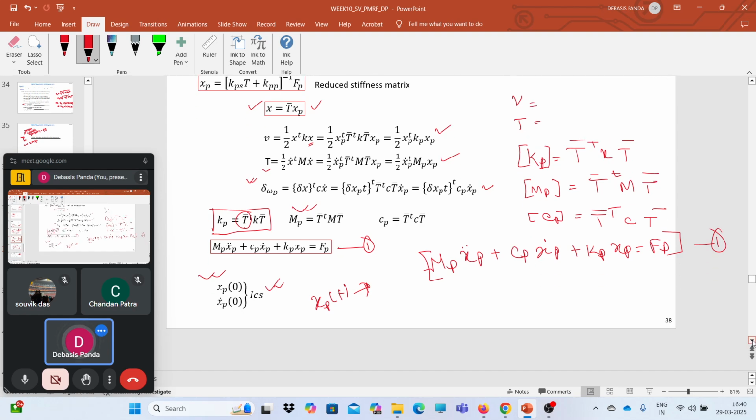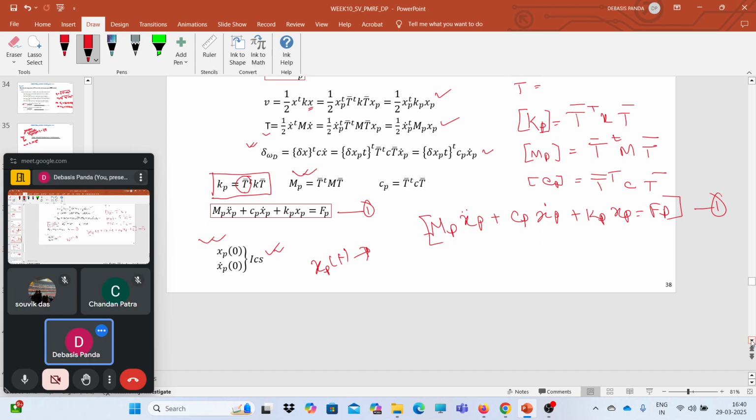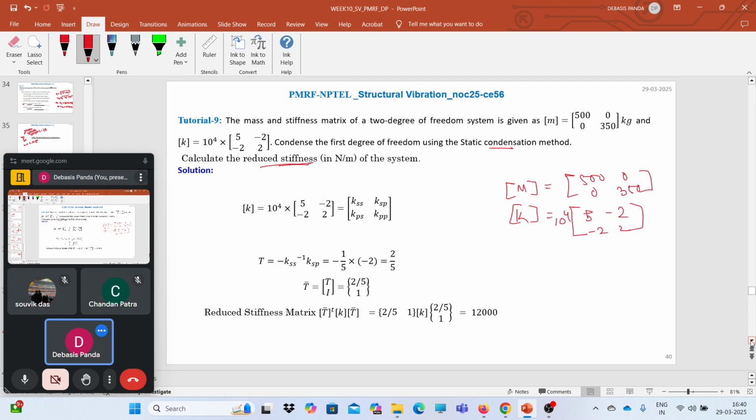So how can we do it? Here, this is the K matrix. We separate out this K matrix into primary and secondary components, say KSS, KSP, KPS, KPP.